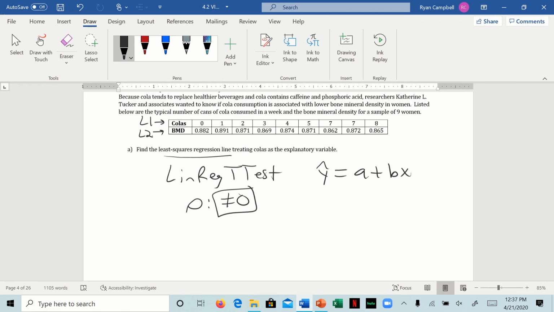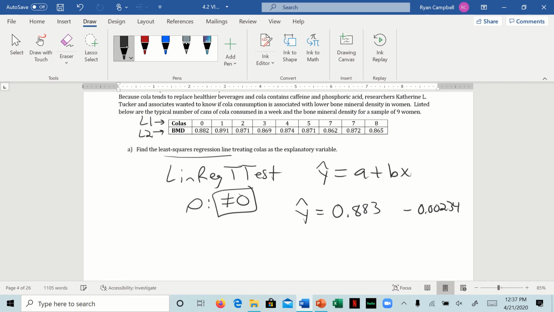So a is 0.883, and b is negative 0.00234, ish, right? But I don't want just this. You need the whole thing. This is just a number, and this is another number. If you put this minus that, that doesn't tell me anything. So we need the whole thing.